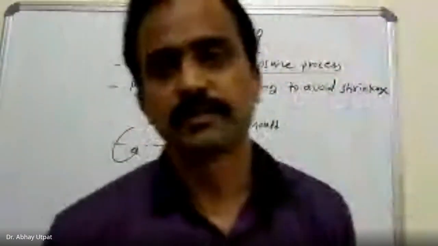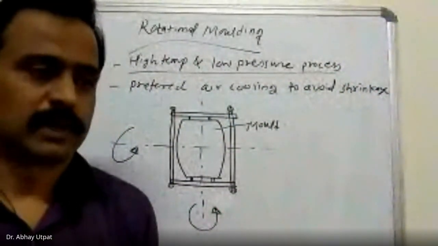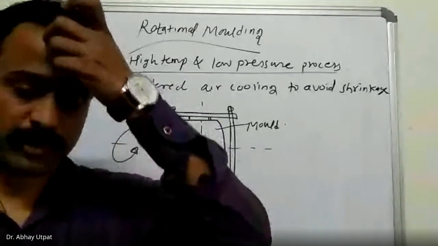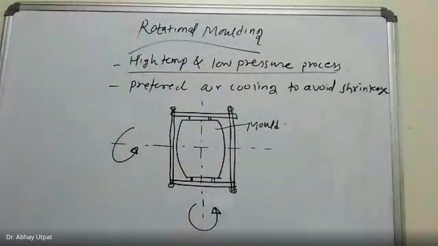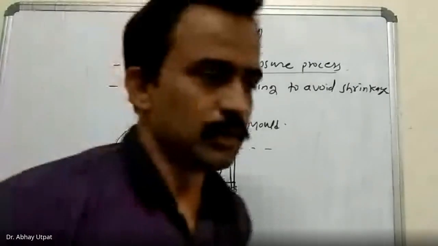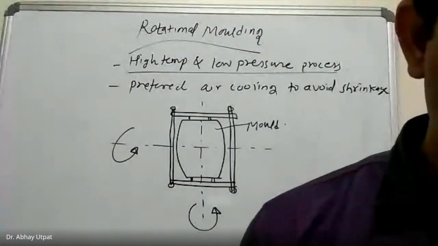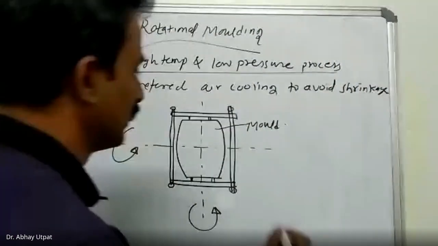Thermoplastic material is the most preferable material for rotational molding. It includes low density polyethylene, LDPE.